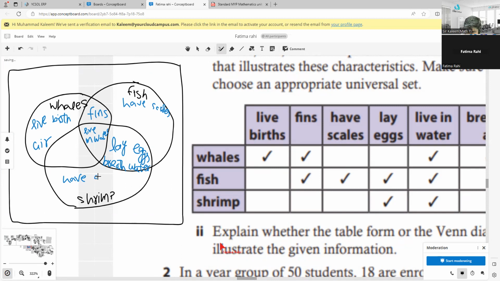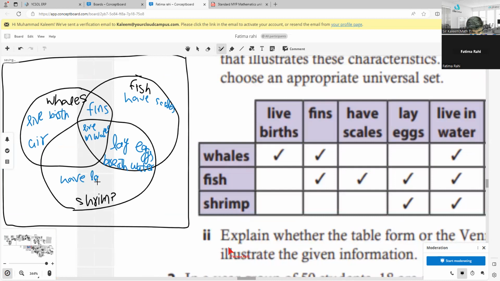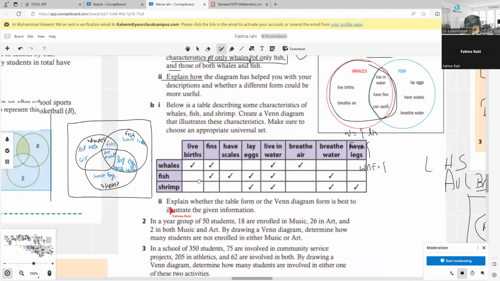Did you get the same answer? Yeah. Okay, this one is very easy, I think.